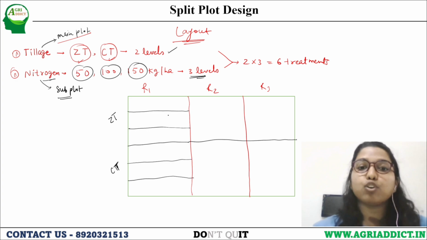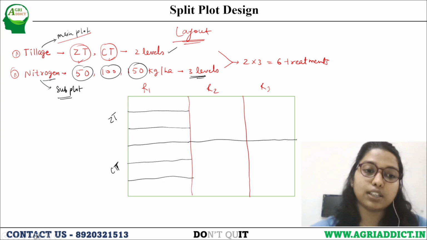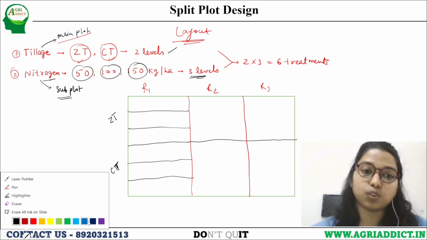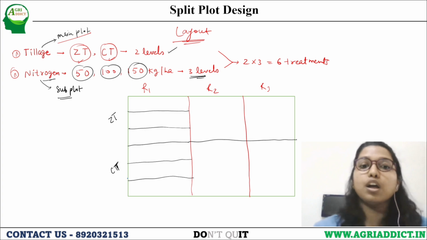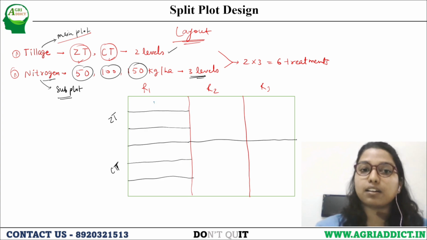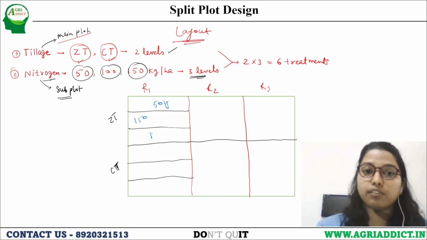Okay. Now we have to randomly allot the treatments. How will we do that? Let me change color. First is 50 kg, 100 kg and 150. So in this zero tillage main plot block, here we are putting the 50 kg treatment, here I am putting 150, here I am putting 50.